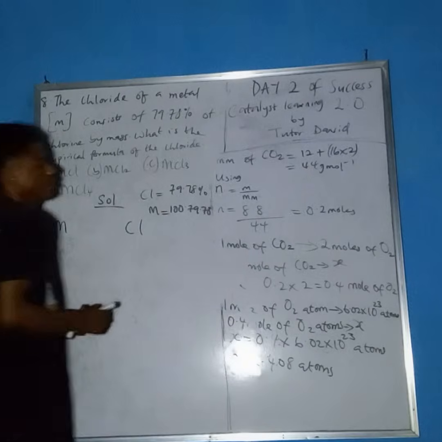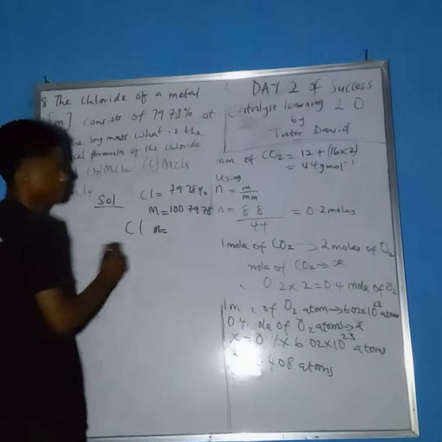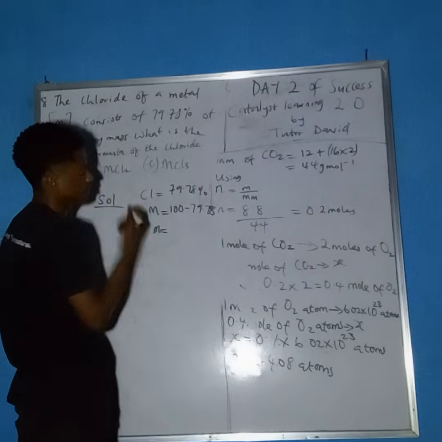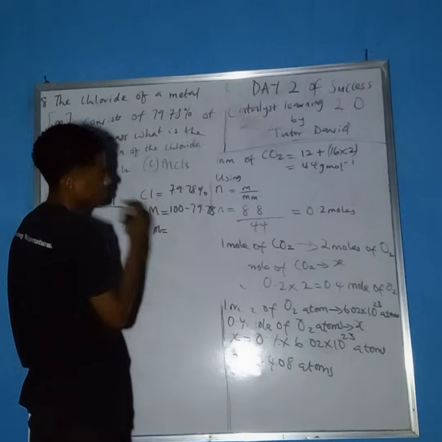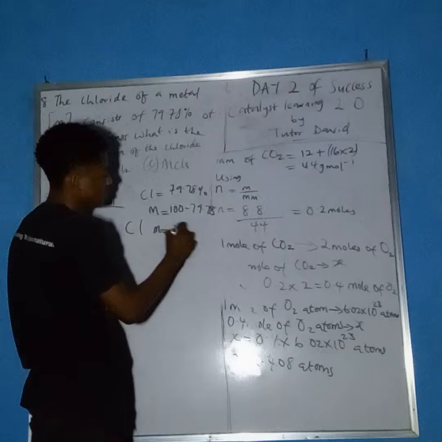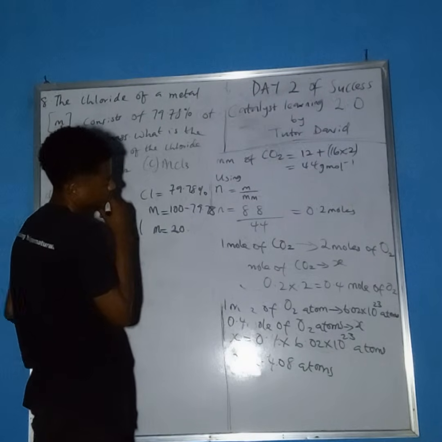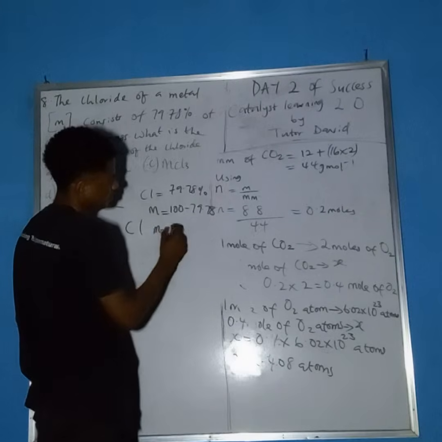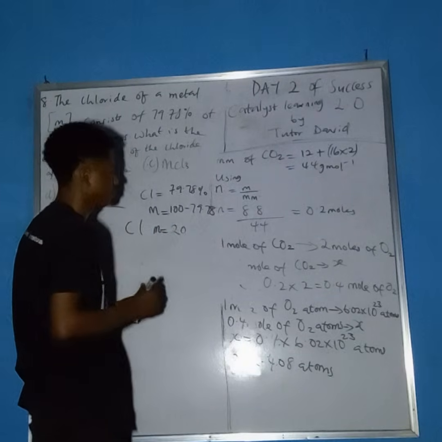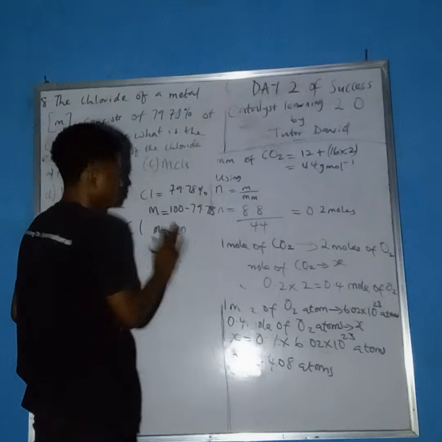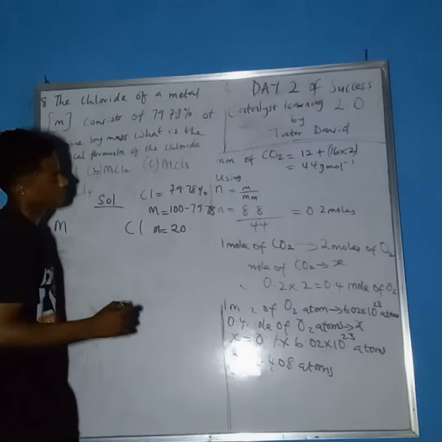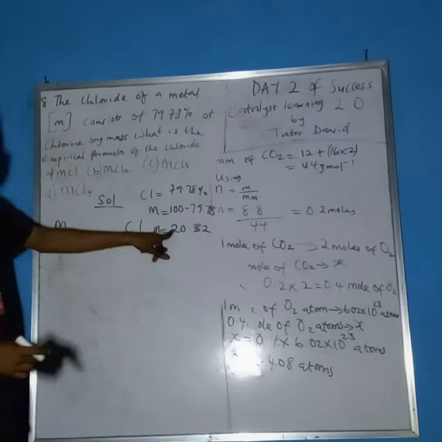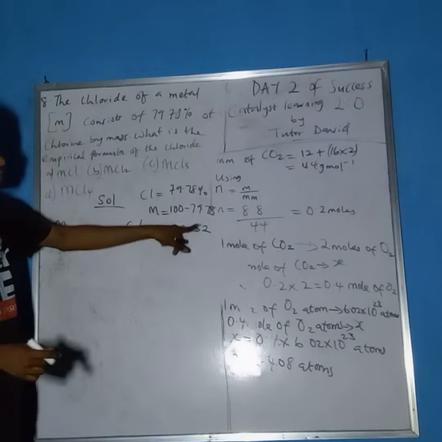Sorry about that, my calculator was completely dormant. So 100 minus 79.78 gives us 20.32.